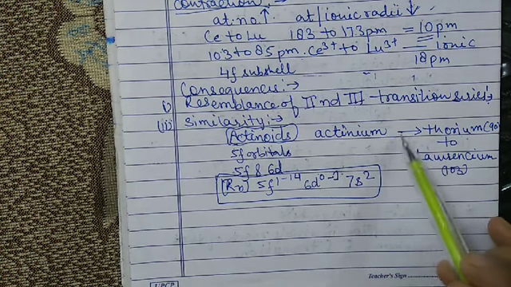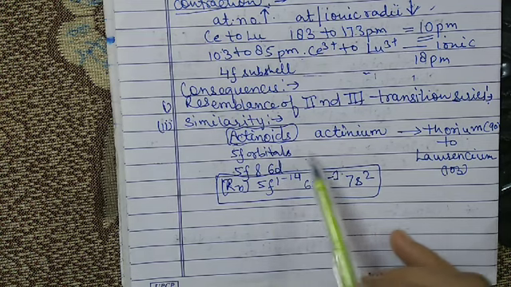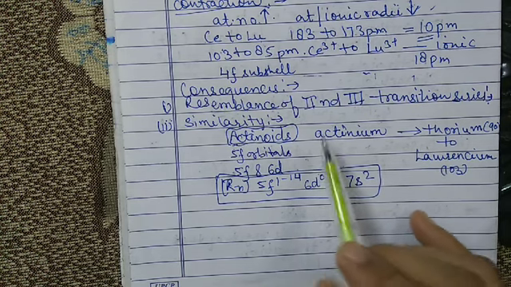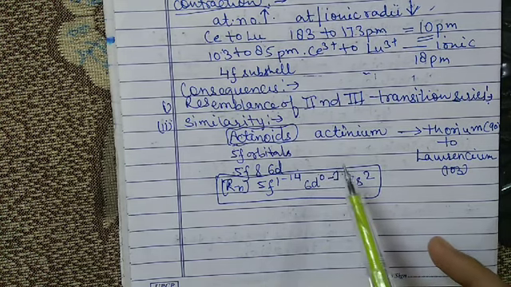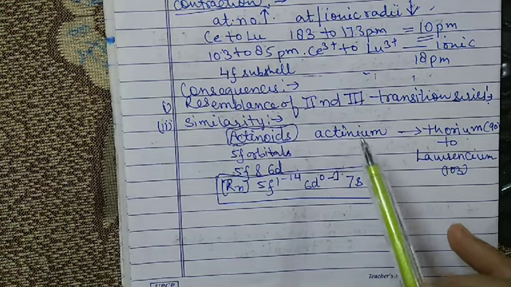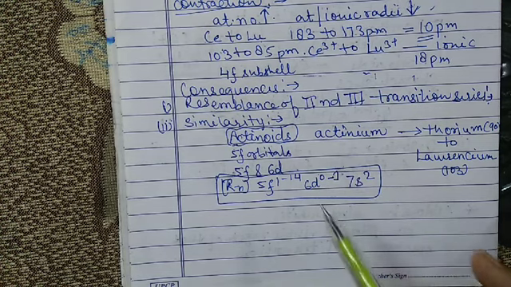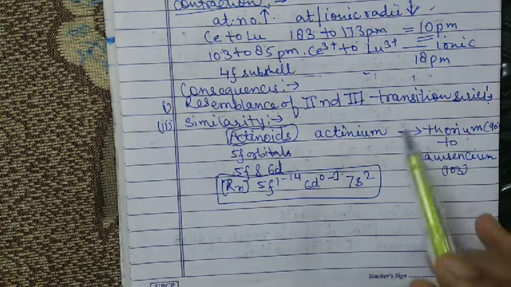This is because when the 5f orbitals begin to be occupied, they penetrate less into the inner core of electrons, and therefore they are more strongly shielded from the nuclear charge than the 4f electrons of the corresponding lanthanoids.